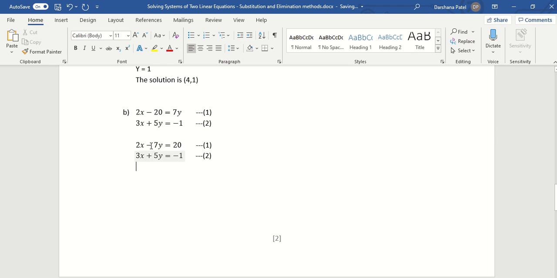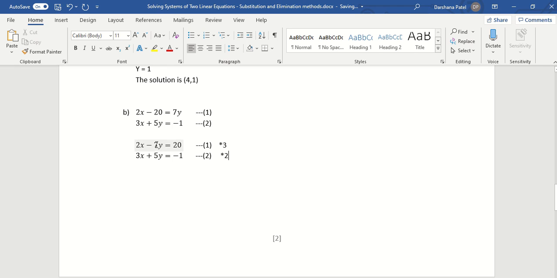Now we want to make them the same number for either x's or y's. So 2 and 3 here. The common number that 2 and 3 both go into is 6. So we'll end up multiplying the first entire equation with 3, and the second entire equation with 2. Okay. You could pick y as well.